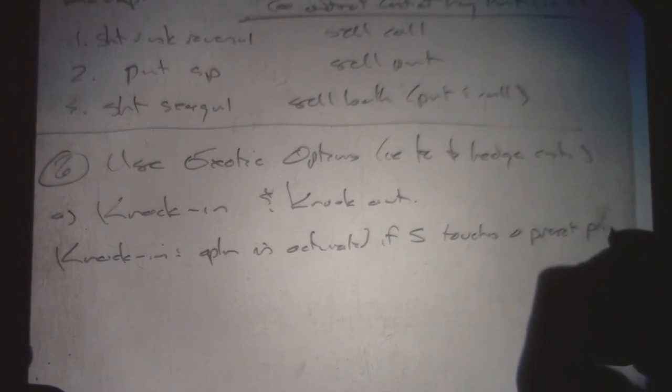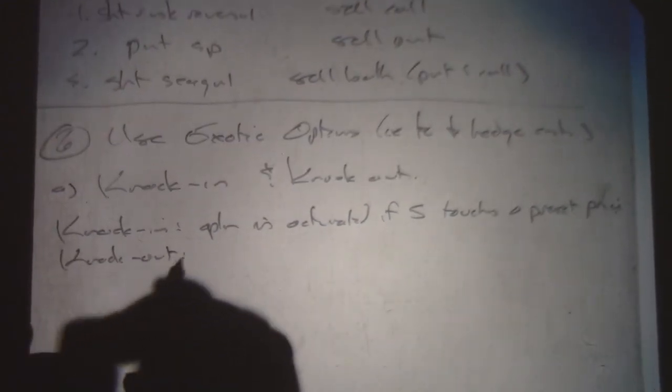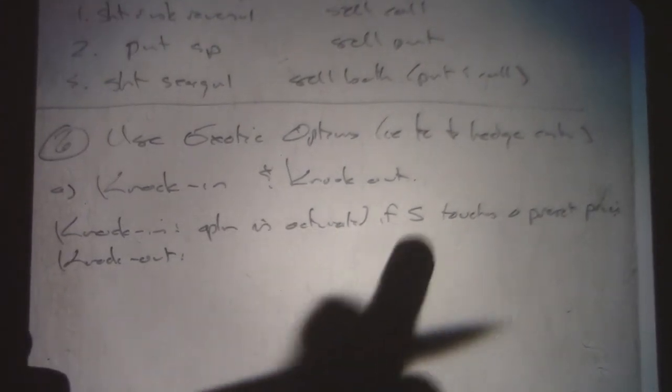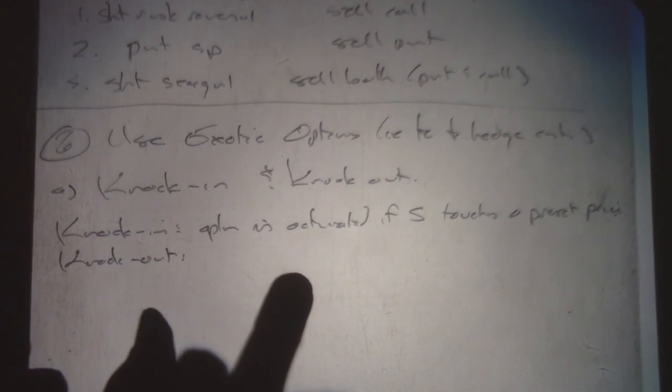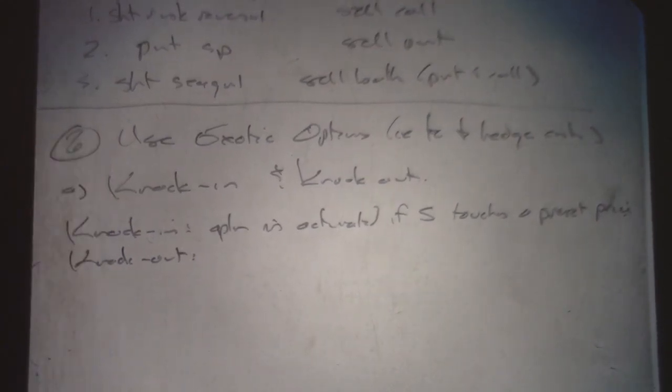Let's say preset price, and knockout. So what's a knock-in? The option is only activated if the spot touches a preset price, which means if the asset does not touch that price, that option is worthless, even if on expiry date it's in the money. Okay?